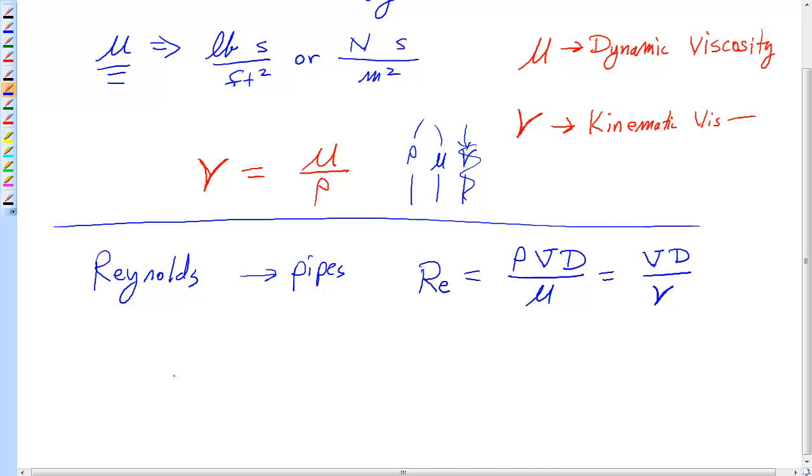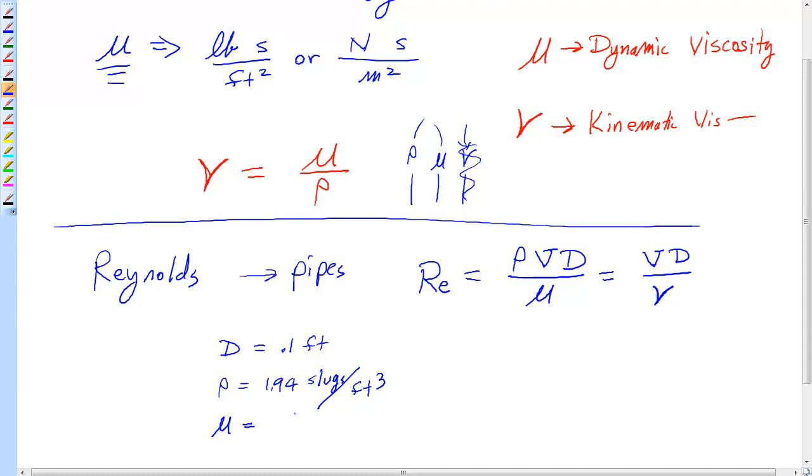So let's say we had a particular case in which we had a diameter of a pipe that was, say, 0.1 feet. We had a density which was 1.94 slugs per cubic foot.